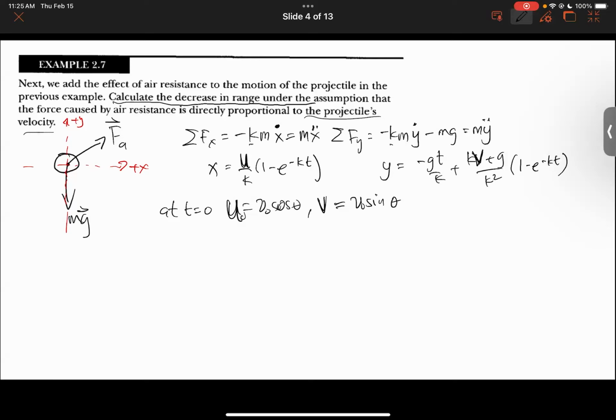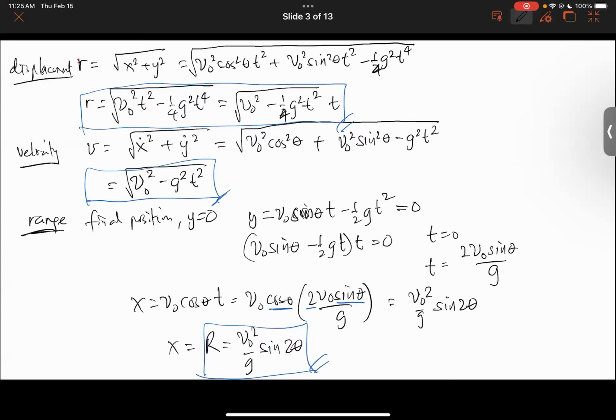So how do we solve for the range? Well, ang ginawa natin before, kung walang air resistance, is para ma-solve yung range, sinet muna natin yung y to 0. And then kinuha natin yung time.